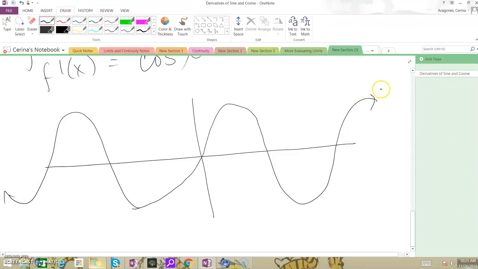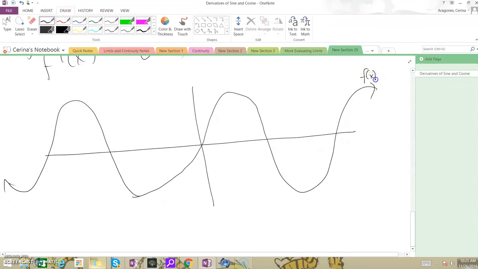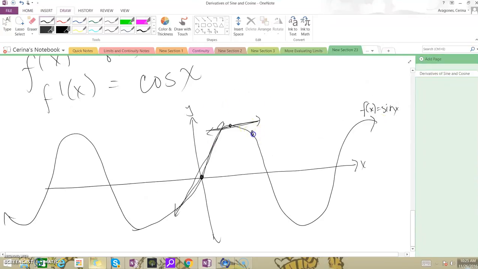If we look at sine of x, we can see that its slope, at 0 and at different points, looks like it's increasing. And then here the slopes decrease, or they become 0. And then they start decreasing. And then again, they become 0, and then they start increasing.